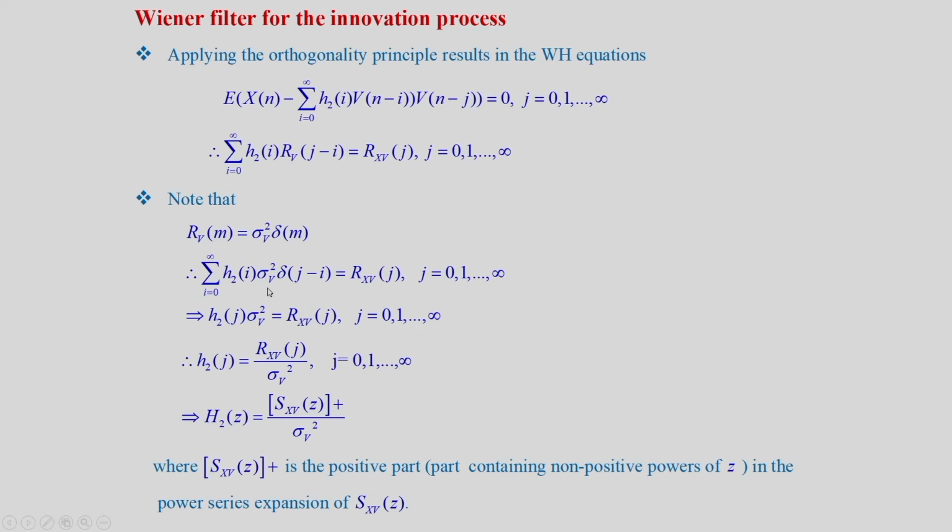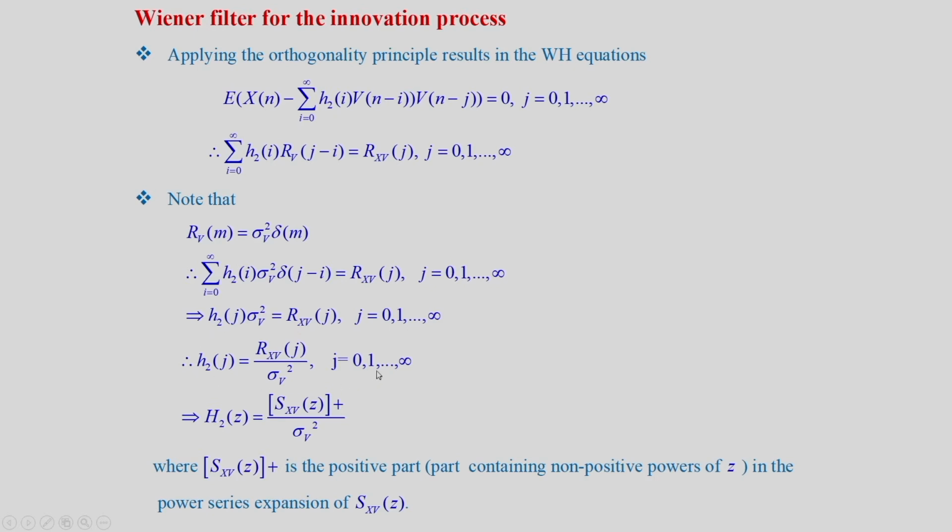Now, using the property of delta function, we get h2j into sigma v square must be equal to rxv of j for j is equal to 0 to infinity, which gives h2 of j is equal to rxv of j divided by sigma v square, and this is for j is equal to 0 to infinity.